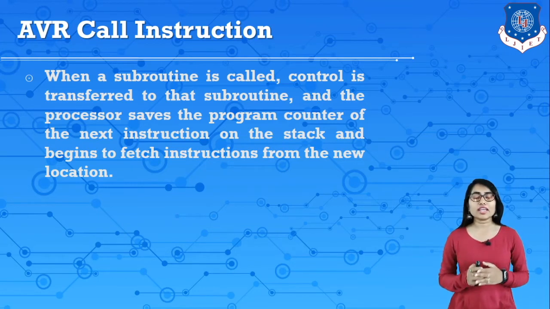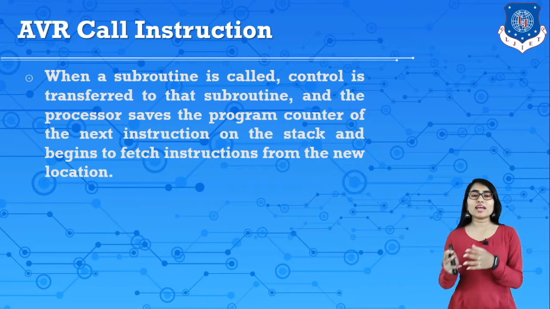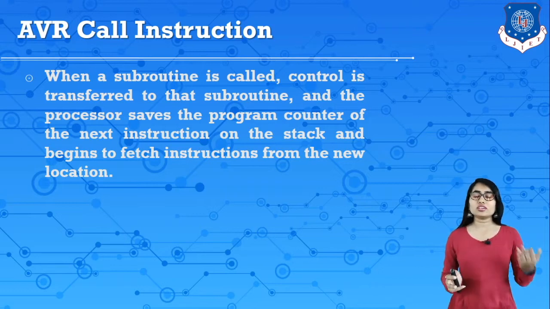Whatever the content of the program counter is, it is saved on the stack, so that after calling and executing that subroutine, the program counter can restore that location and go back to the main program.